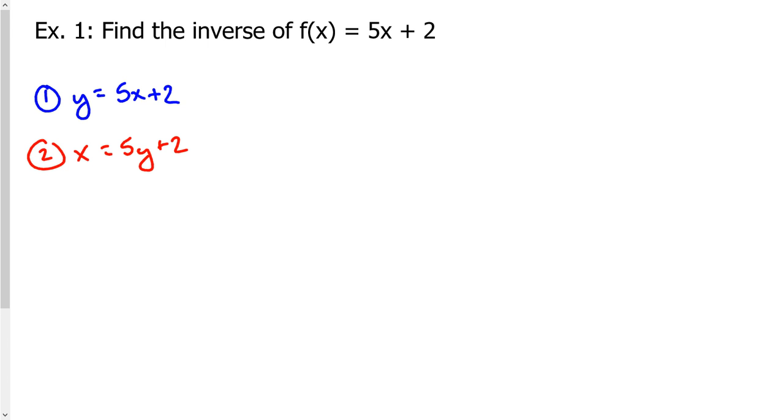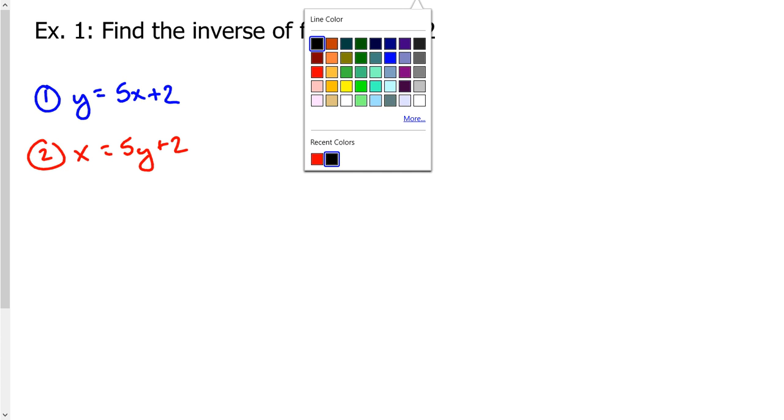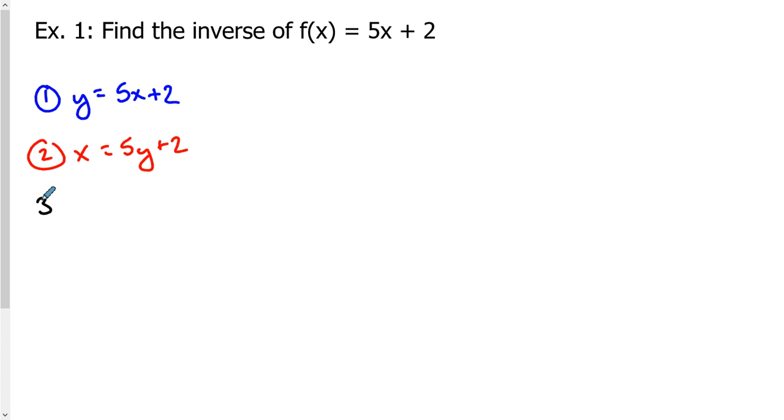So the third step says that you're going to algebraically solve this. But what am I solving it for? Y. So I'm trying to get this y all by itself. In order to get the y by itself, first I'm going to subtract the 2. So if I started with x equals 5y plus 2, I'm going to subtract the 2.